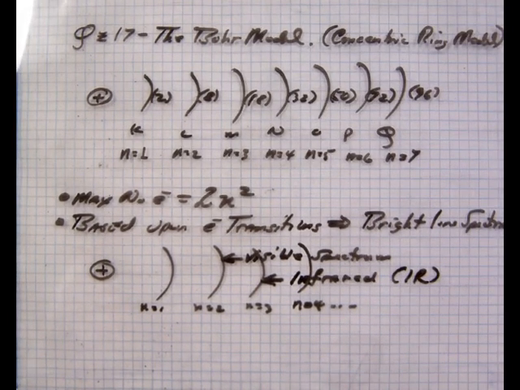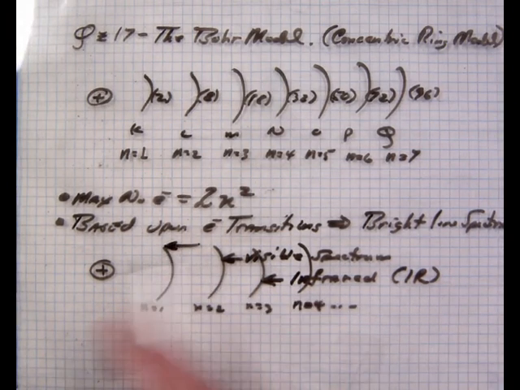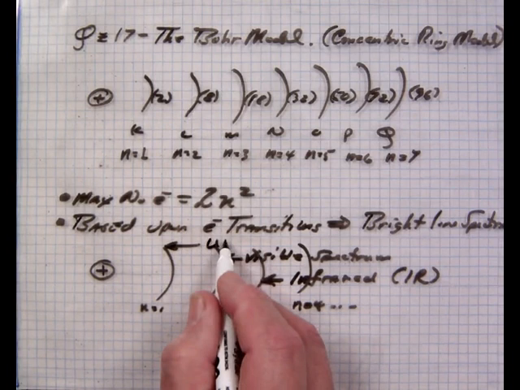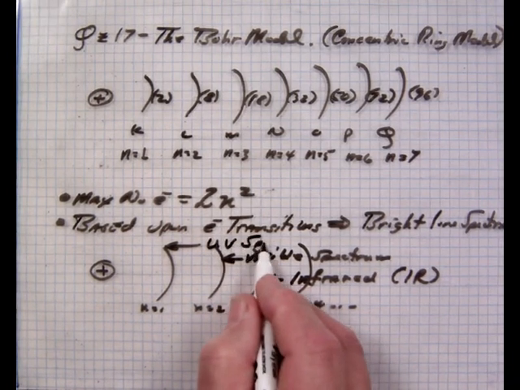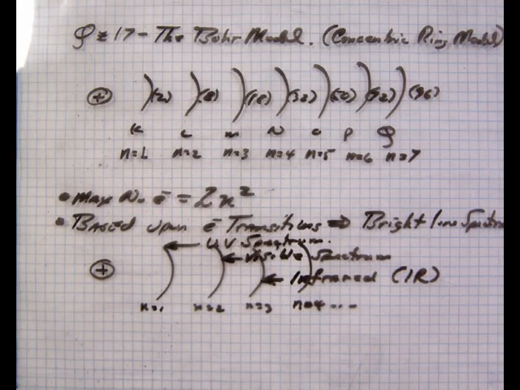If they jump out to 7 and drop down to 3, you can't see the infrared and you can't see the UV. If they end on n equal 1 from wherever they're coming from, this is the UV, ultraviolet spectrum. Now they can be observed using the proper equipment and identified, and so forth and so on.